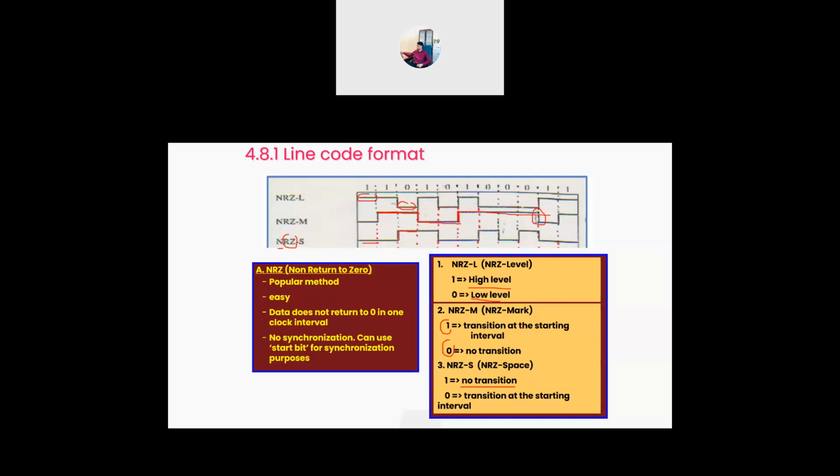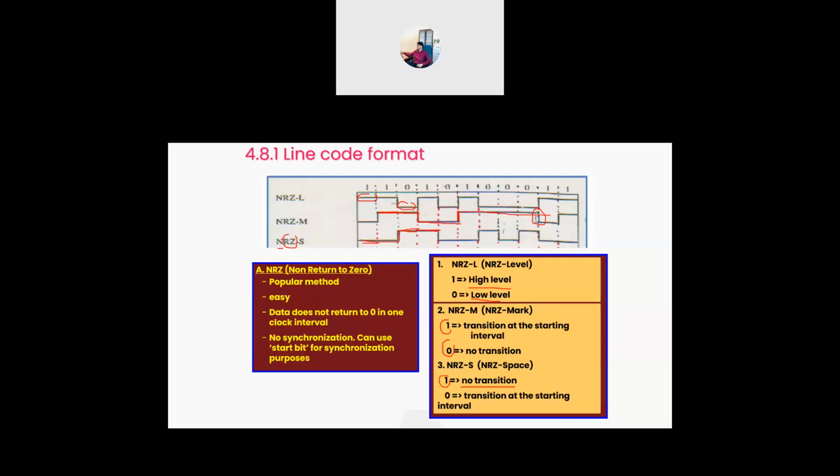And then the next, non-return to zero S, space. For 1 there will be no transition, so we just proceed, and after that 0, you're going to have a transition.